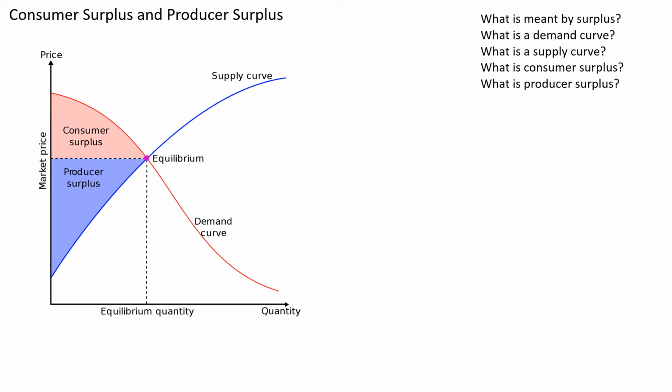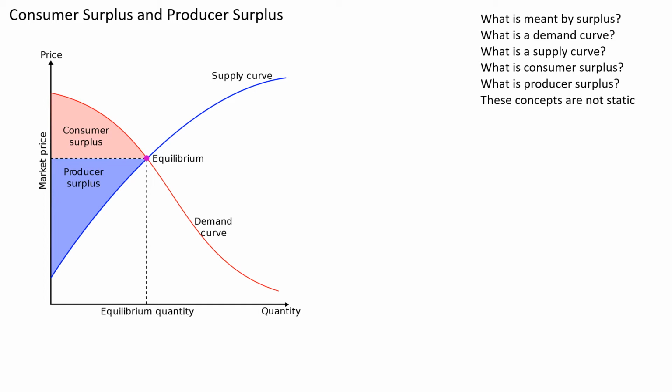And likewise, a producer surplus is an amount of money collectively in all the producers' ledgers or bank accounts, representing the amount of money they have based on the fact that they would have been willing to sell something for cheaper but didn't have to.